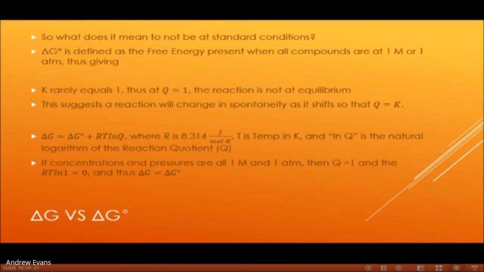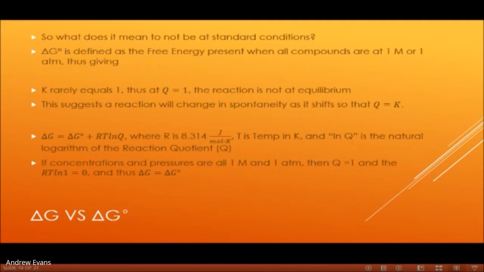R is our gas constant, 8.314. T is our temperature. And ln Q is the natural log of our reaction quotient. So in order to get the actual delta G to match up with our standard delta G, we have to factor in the actual product and reactant concentrations.